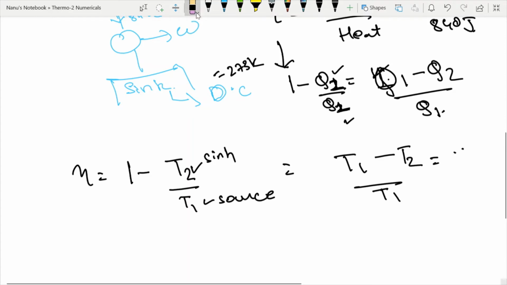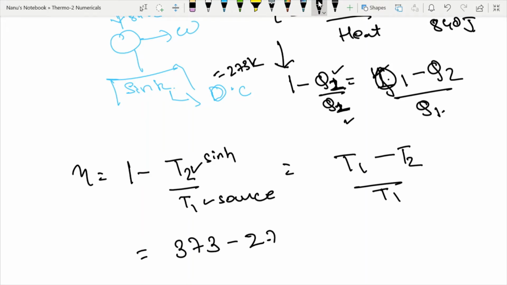Sometimes we think, oh, it's so easy, we will do it right now, and without even calculating or writing anything, most probably in those problems we will make mistakes. So we don't need to show how smart we are, we need to get the right answer, that is our aim. So this will be 100 by 373. So that is your efficiency.